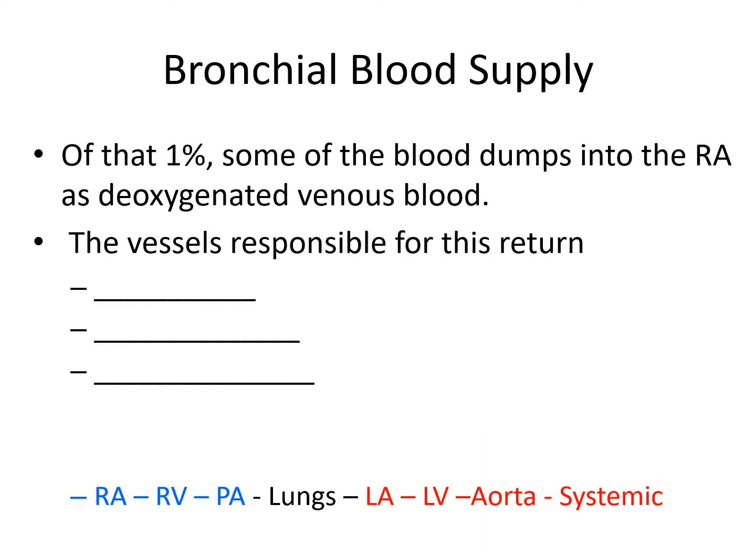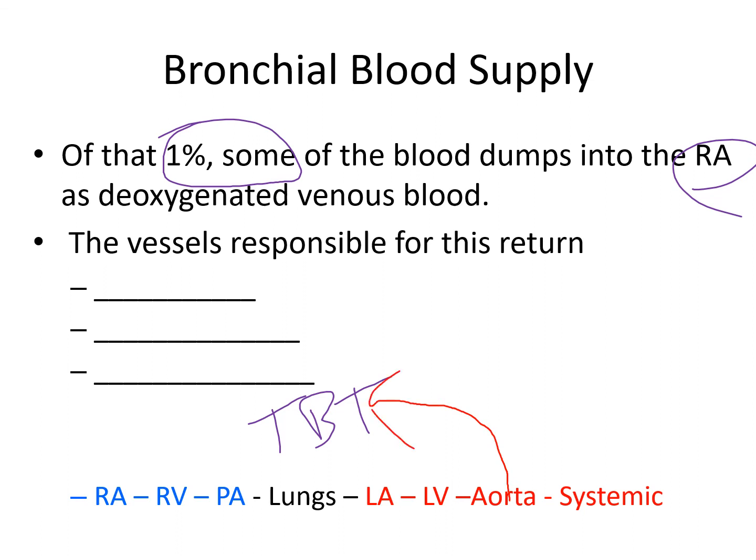So of that 1% that goes to the tracheobronchial tree, some of it will dump into the right atrium. This is good, right? So here, let's do the tracheobronchial tree. Off of the aorta, let's go to red. I have good oxygenated blood that's going to the lungs to supply the lung tissue with oxygen-rich nutrition and all that stuff so the lung tissue can continue to live. Once it gets used, let's go to blue.